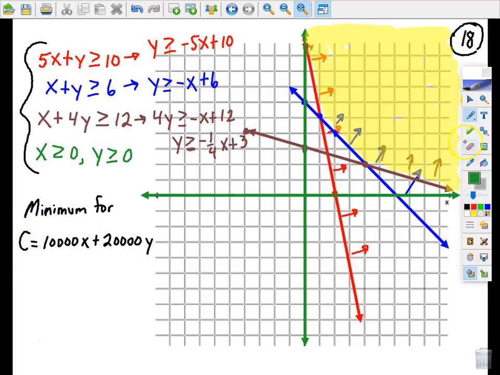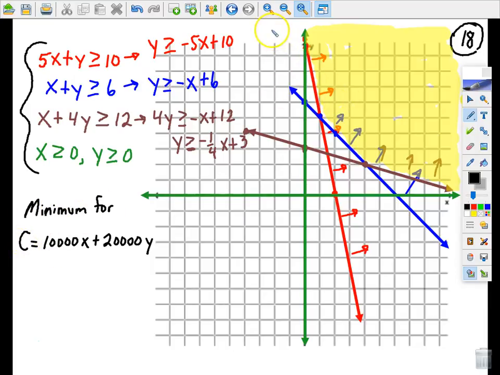This is a C function, probably stands for cost. We're usually wanting to minimize cost and maximize revenue. So I'm going to get the vertices off of this, and then I'm going to let you take it from there.